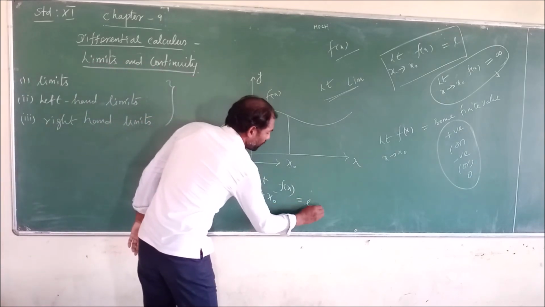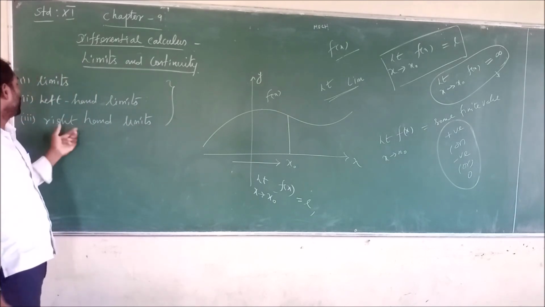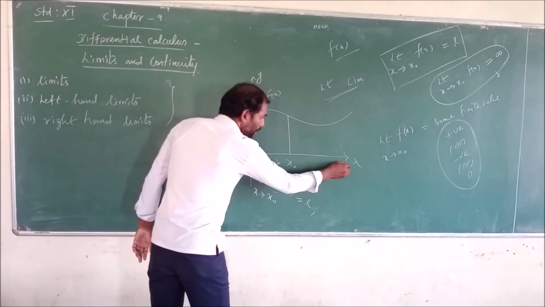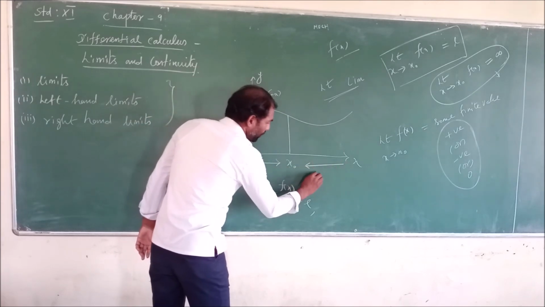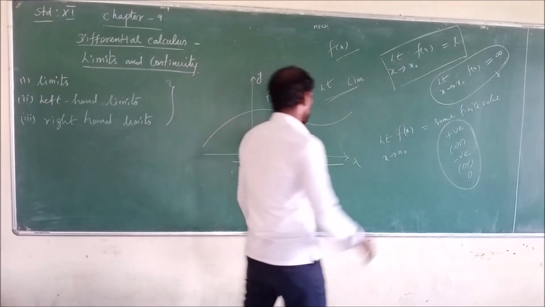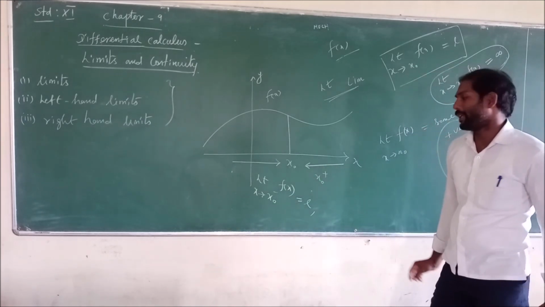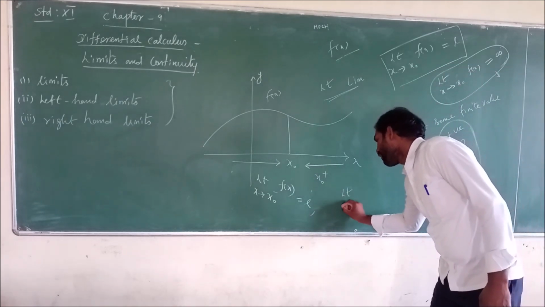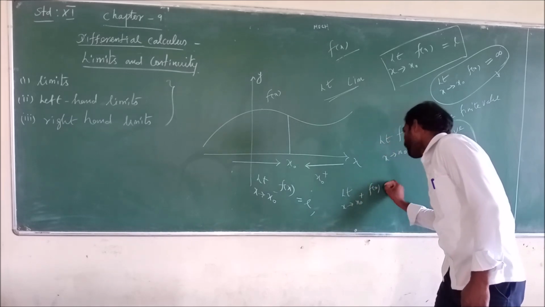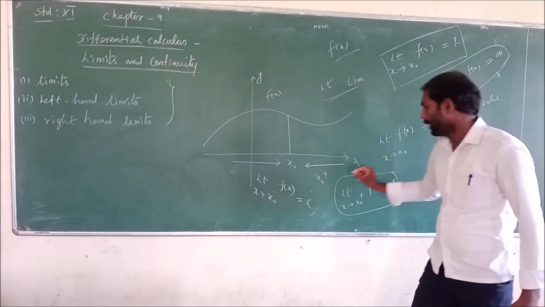Then right hand limit means that x approaches x naught from the right side, x naught plus. It is denoted by limit x tends to x naught plus of f of x equals L.